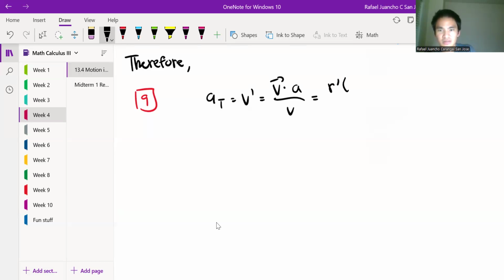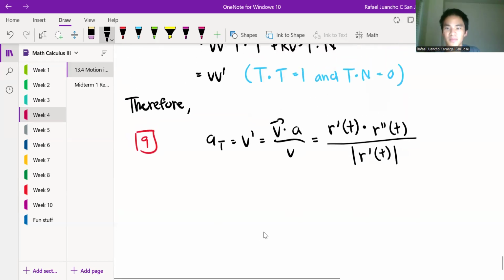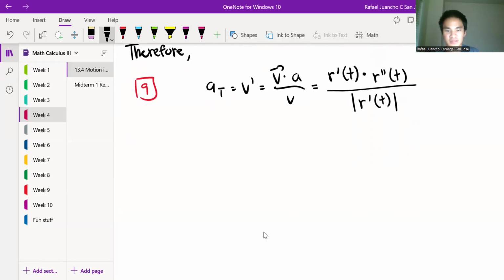So it's r prime dot r double prime, because that's acceleration, divided by the magnitude of r prime to get my speed. So now this is everything in terms of r.